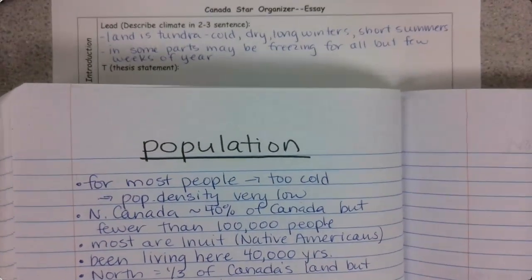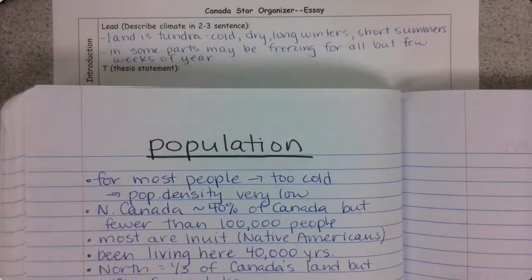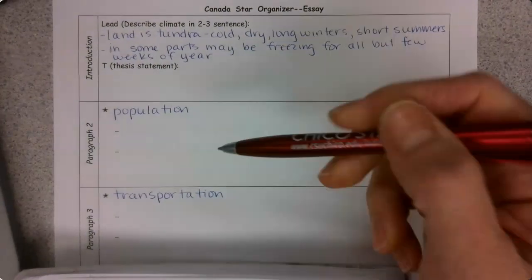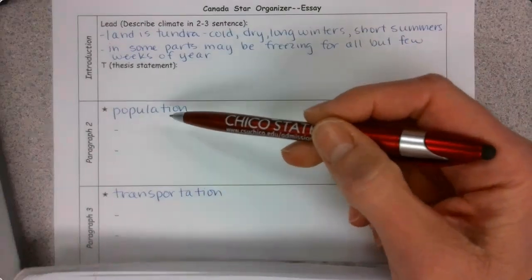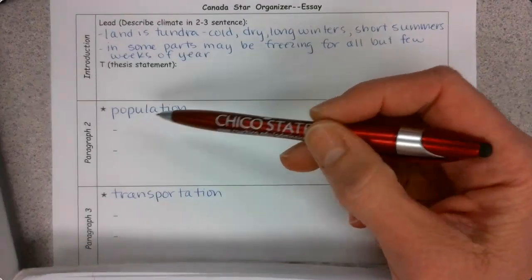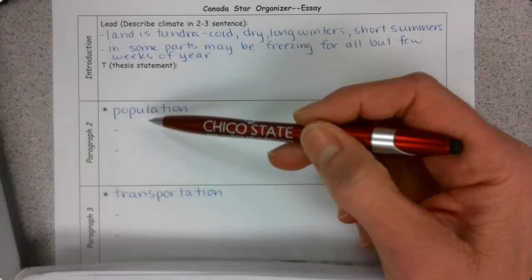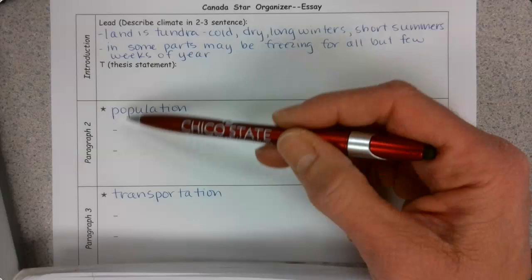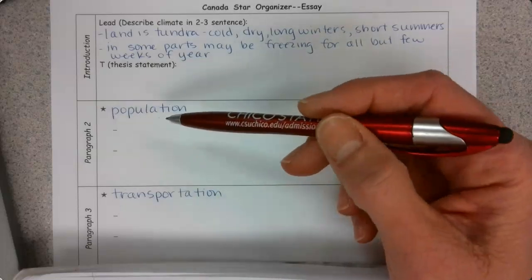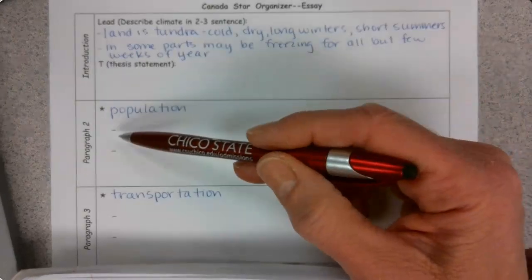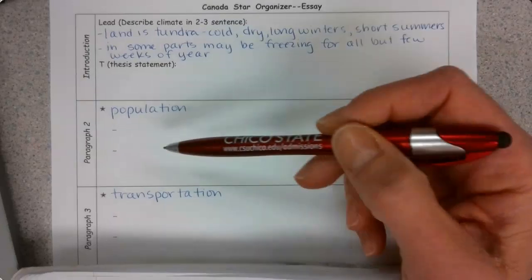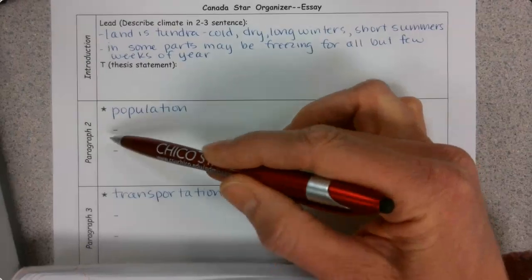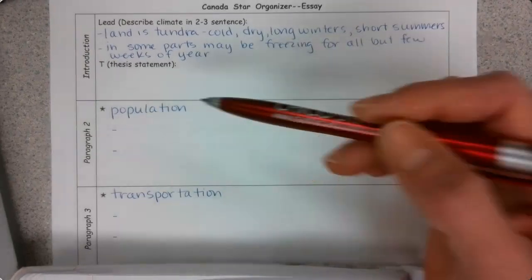So similar to what you do in the introduction, you're going to want to look over those notes and think about which of my notes best helps me explain to the reader how climate affects population. I put room for 2 notes. You can do more than that. I probably would. I have room to do more than just 2 pieces of evidence. So I might add little dashes below or in between.